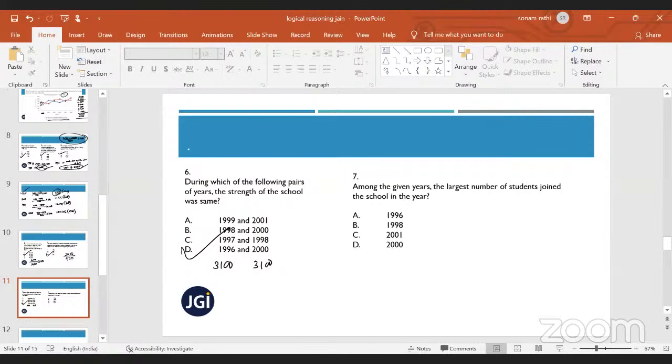And question number 7, option C, because the largest number of students joining is 550. Option D and option C.